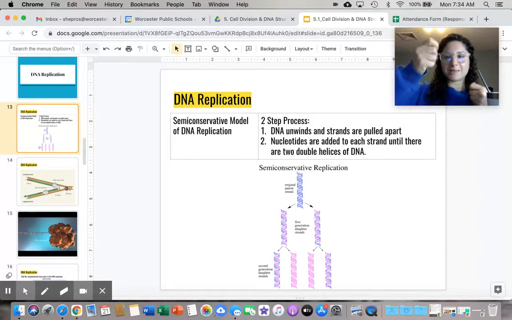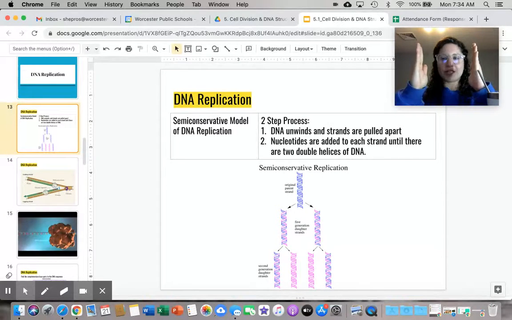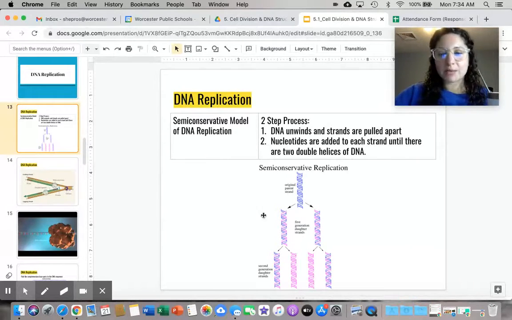We basically unzip the DNA so that we take our double helix or our double-stranded DNA and separate those 2 strands so we have 1 strand of DNA and a second single strand of DNA. Now, because we can use those 2 separate strands as templates, because they have the A's, T's, C's, and G's, we're able to create complementary strands based off of the base pairing rule.